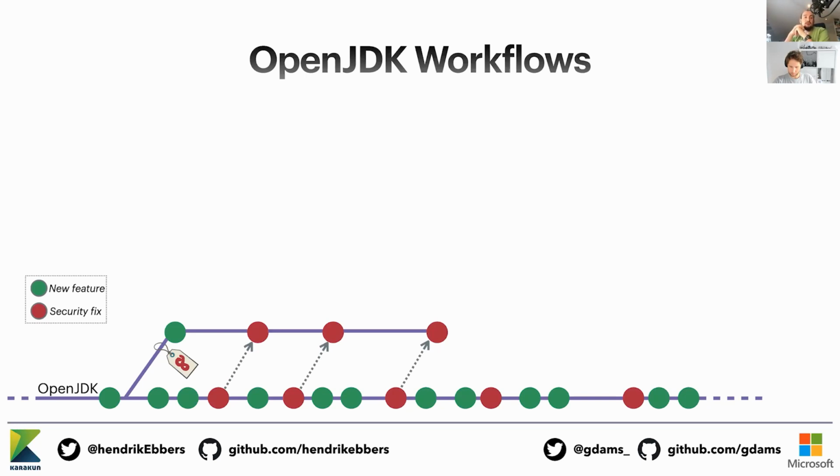Some of them are new features, which are the green bubbles, and some are security fixes. And as you can see on this image, whenever we create a new release, for example, shown in this image as a release branch, all the security fixes that are happening in the master, so in the ongoing version, are migrated to the release versions. And this is what you know, right?